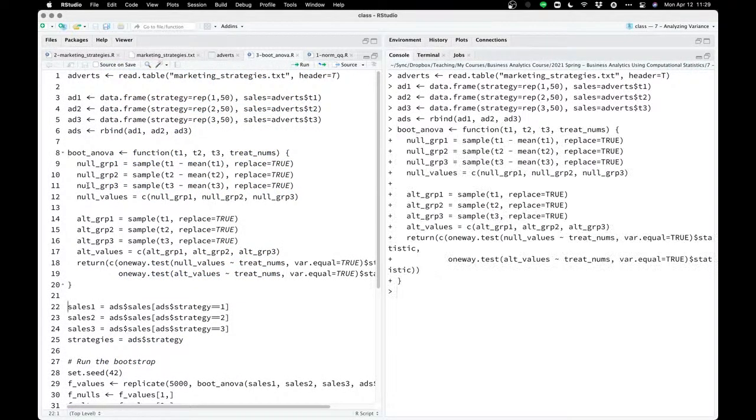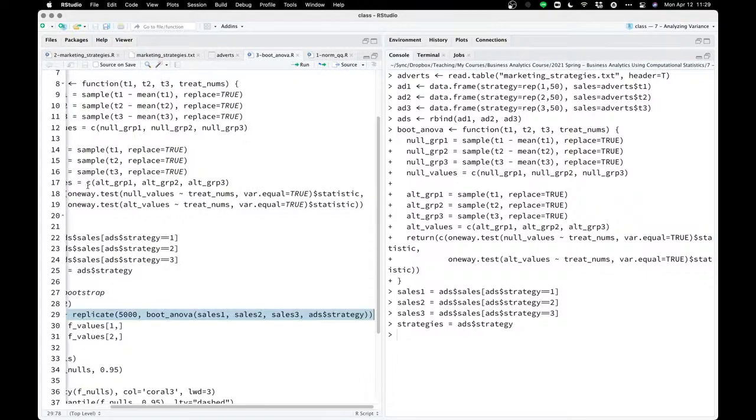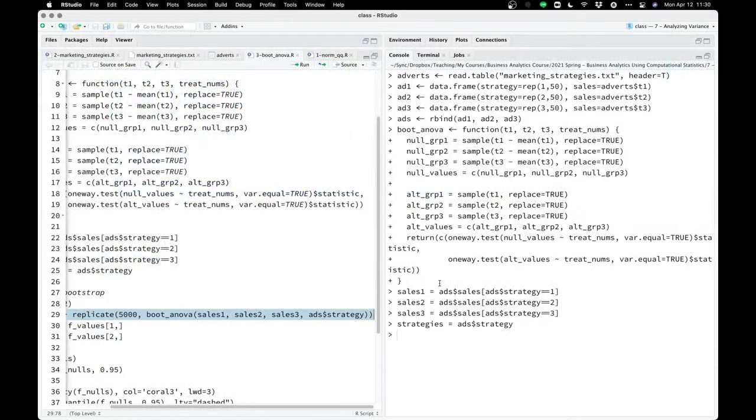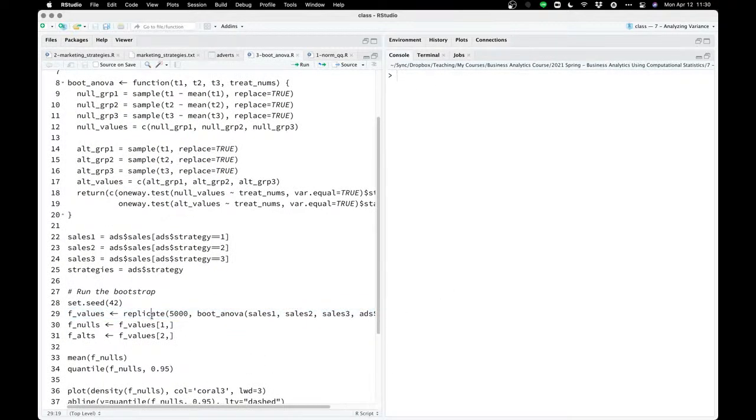So that's my boot ANOVA. And I'm getting the 3 sales figures and I'm passing them to this replicate function. You'll notice I'm passing the strategies or the treatment numbers in as a 4th parameter. There's probably a better way to write this. This is just the first naive way in which I'm going to be coding this.